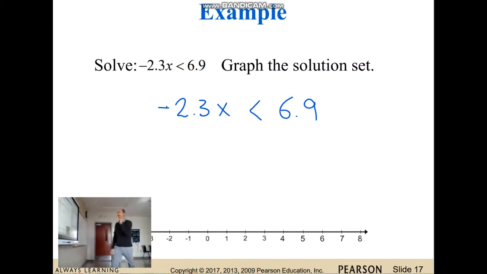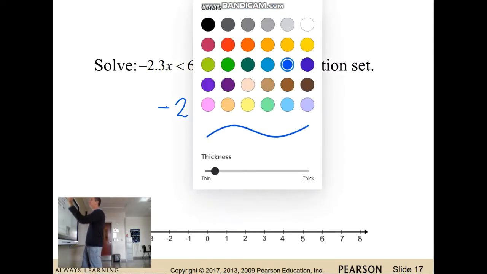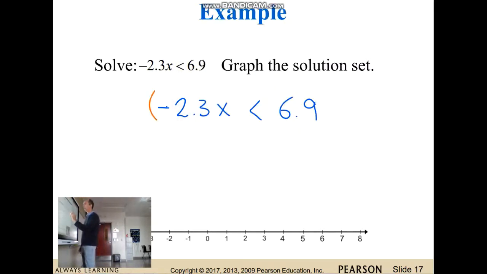We can multiply. We want to have only x and get rid of this negative 2.3, right? So we can multiply both sides by negative 1 over 2.3.